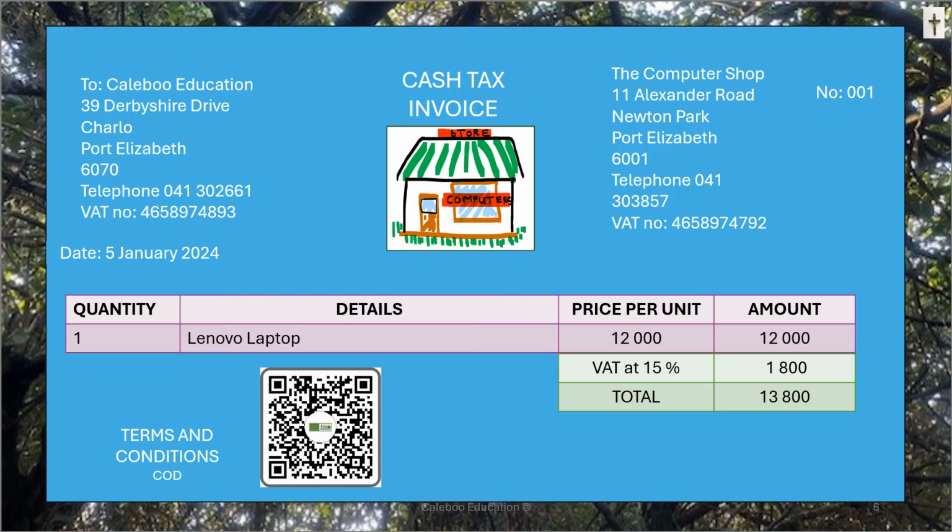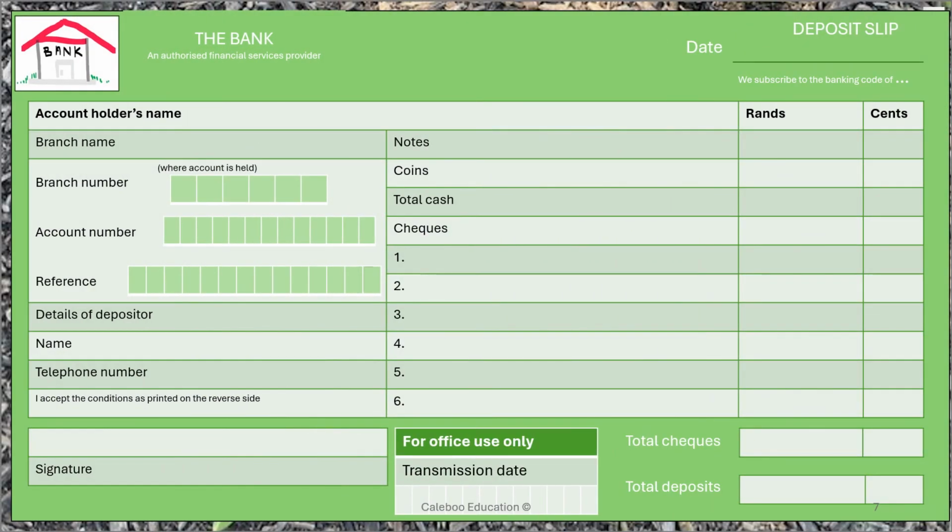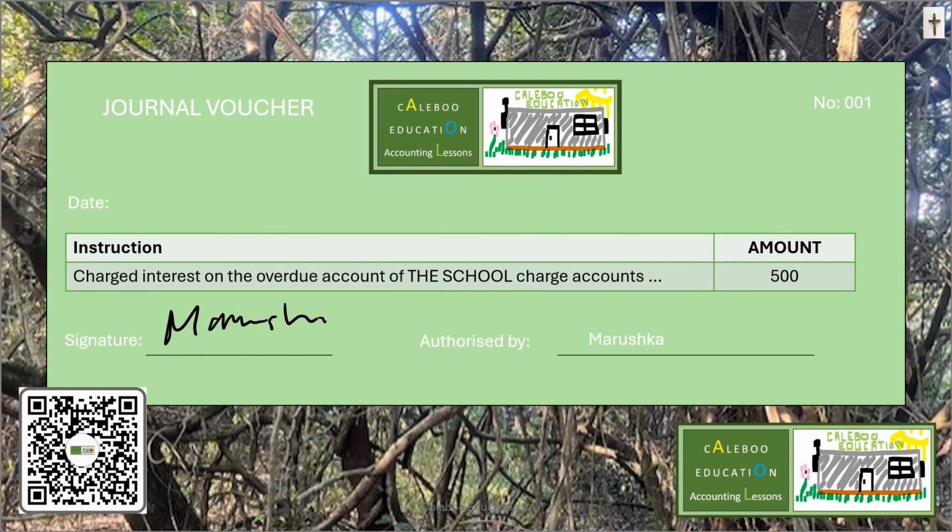There's a cash tax invoice. There's a bank deposit slip, a journal voucher. Now all these source documents are used to record the transactions in the journals.